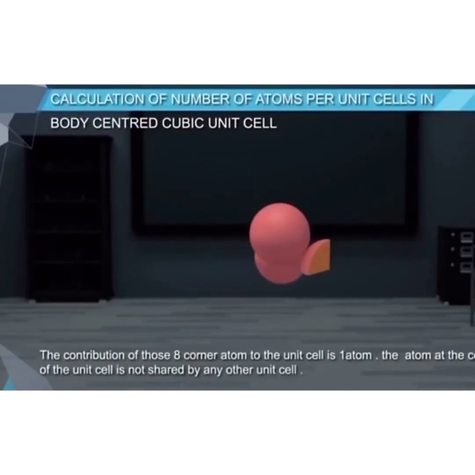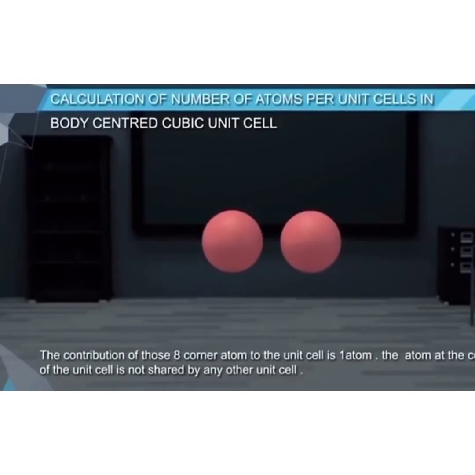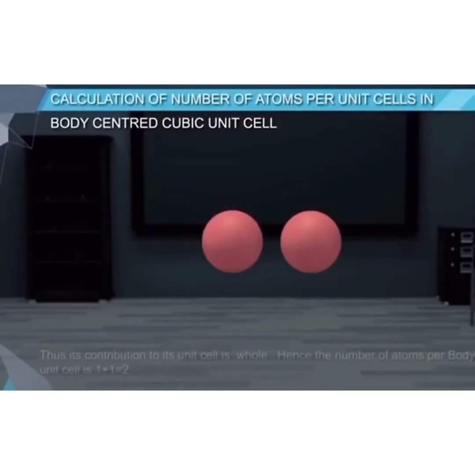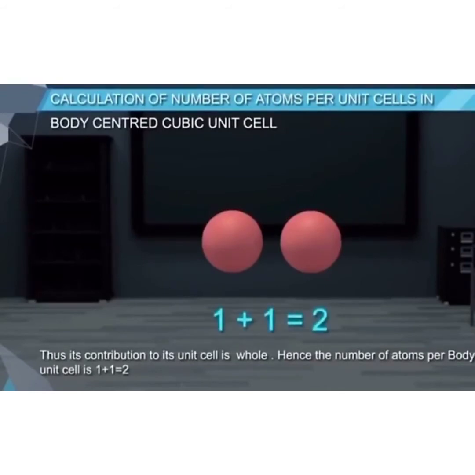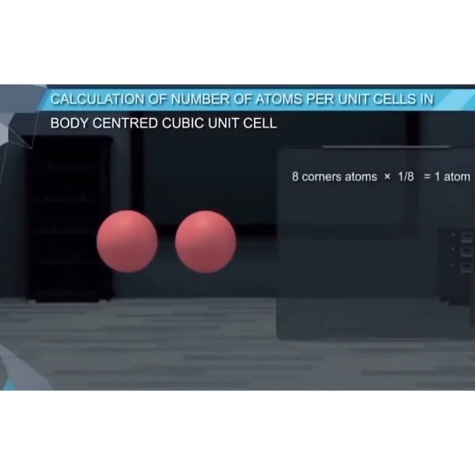Hence, 8 corners into 1/8 is equal to 1 atom. The one present in the body center of the cubic unit cell belongs completely to the unit cell. Hence, number of atoms present per body centered cubic unit cell is equal to 1 plus 1, that is 2 atoms.